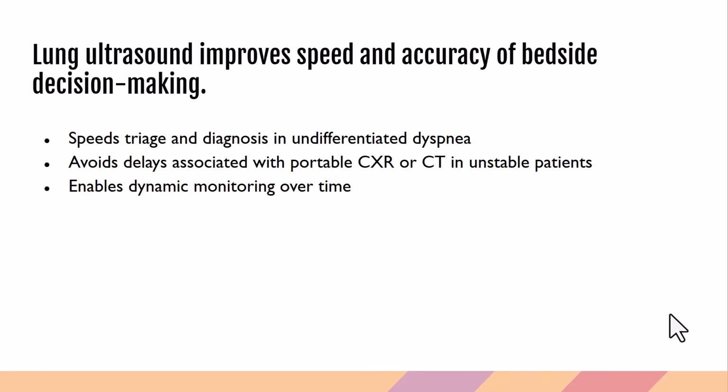And it really enabled dynamic monitoring over time. You can watch for the B lines to lessen, maybe the A lines start to come back. You can monitor the fluid collection in the pleural space. You can see if the consolidation is improving. So there's lots of things they could do with that bedside ultrasound.